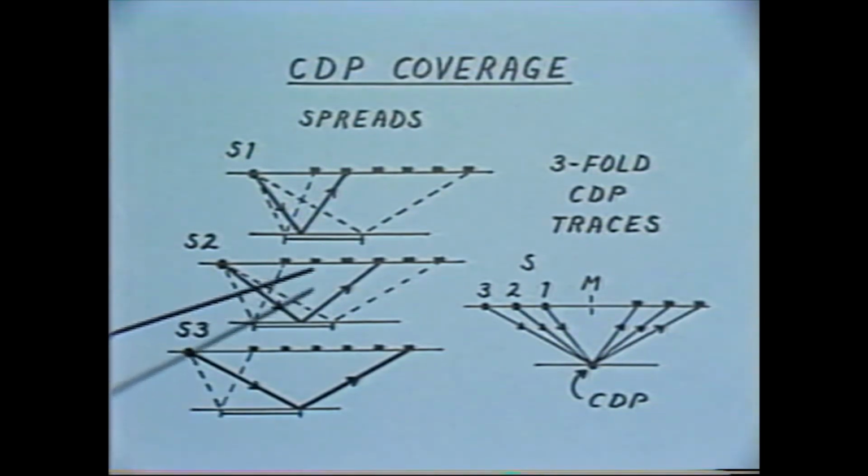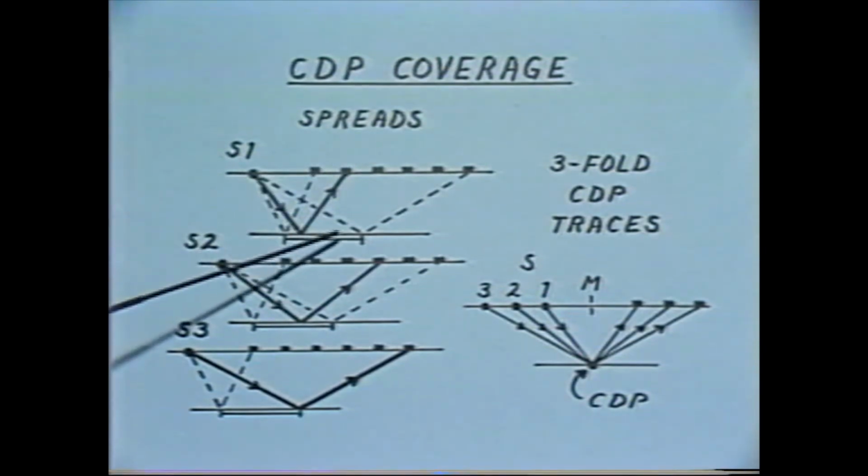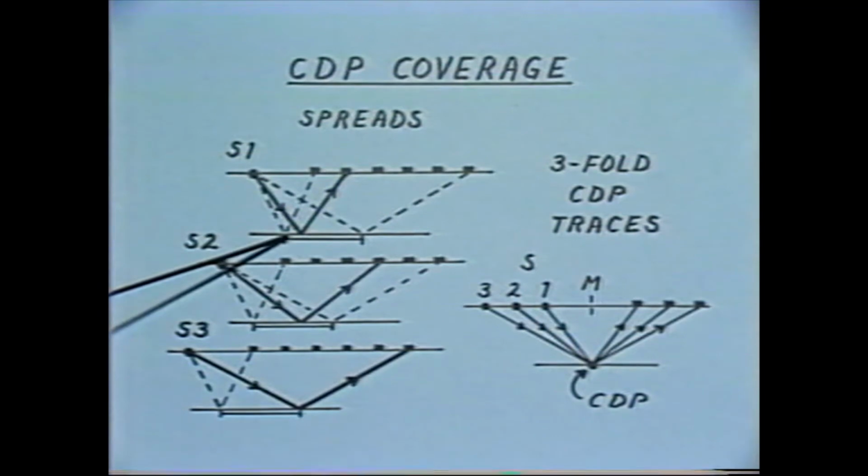You'll notice that those subsurface coverages overlap because the distance that the recording spread and source have been moved along is less than the length of the subsurface coverage. Now, this gives what is often called multiple coverage data, in that we are obtaining multiple subsurface coverage on each reflector.